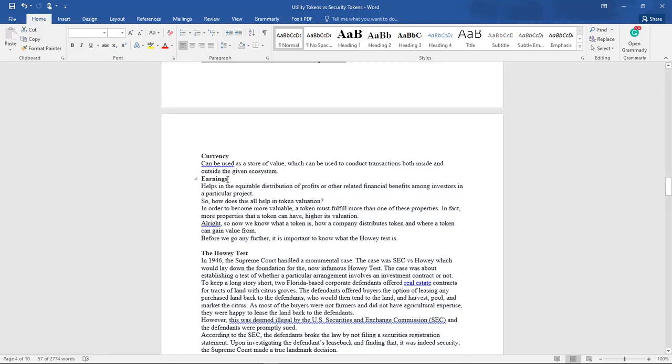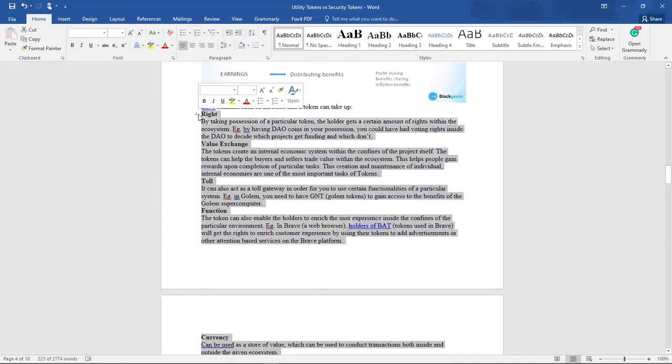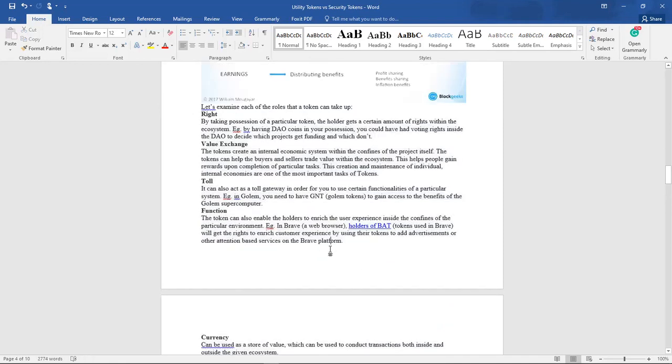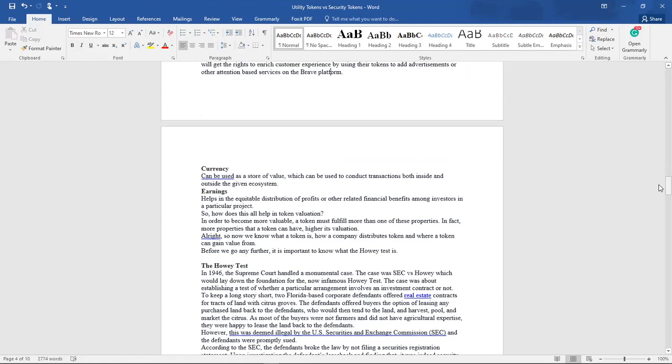So from what we have seen, if a currency has all these properties, then it becomes more valuable, and it becomes easy to want to hold it. Yeah. So that's how some of these tokens actually gain value, and like I have said, price or value is a consequence of utility.